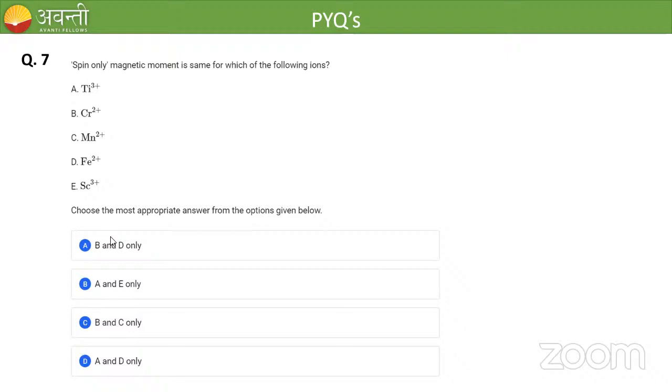Option A. Sakshi is going for option A. What about others? Anika is going for option B. You should be very clear in writing the electronic configuration. Then only you will not make mistakes in these types of questions.